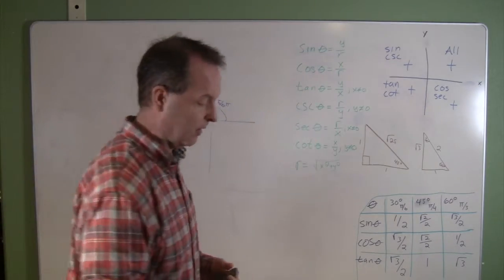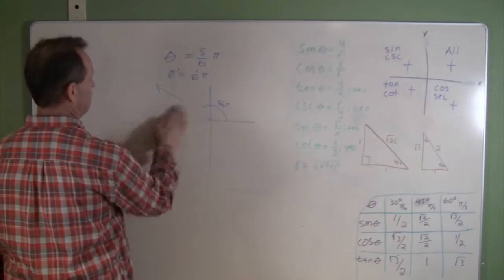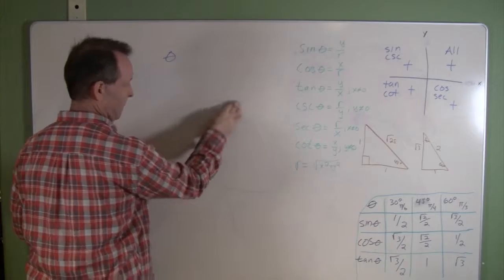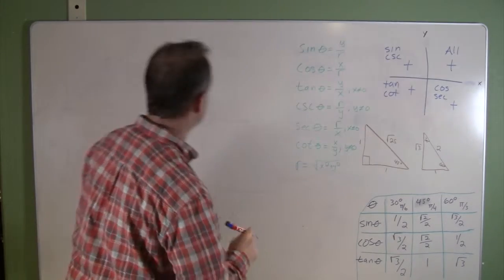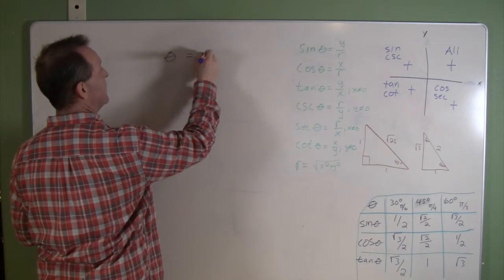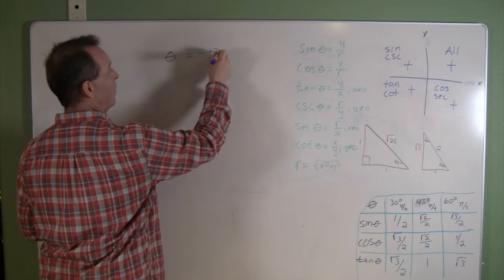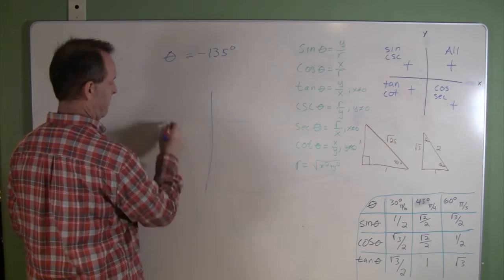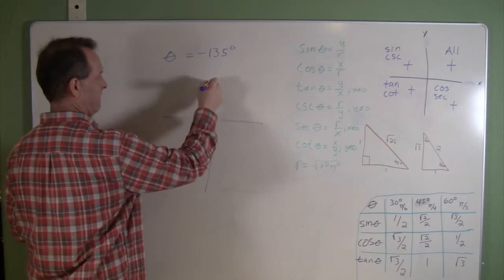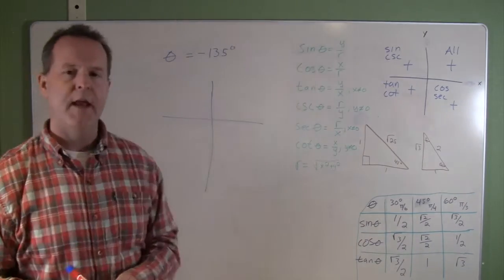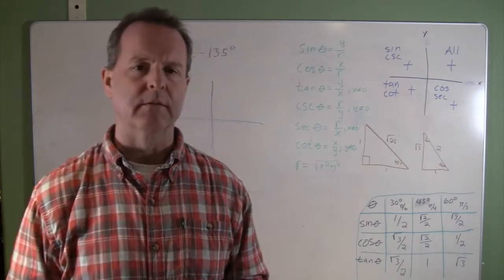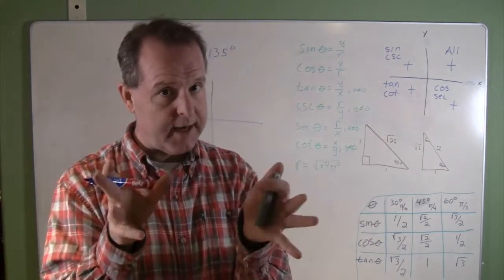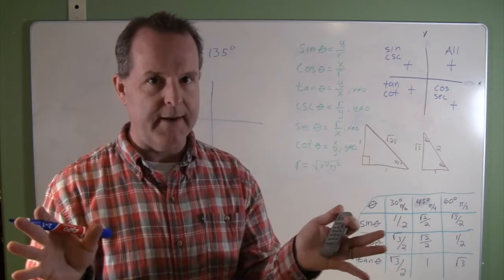All right, another example. How about theta equals negative 135 degrees? I'm looking at you guys right now, and you're thinking, all right, he's going to ask me which quadrant it is in.